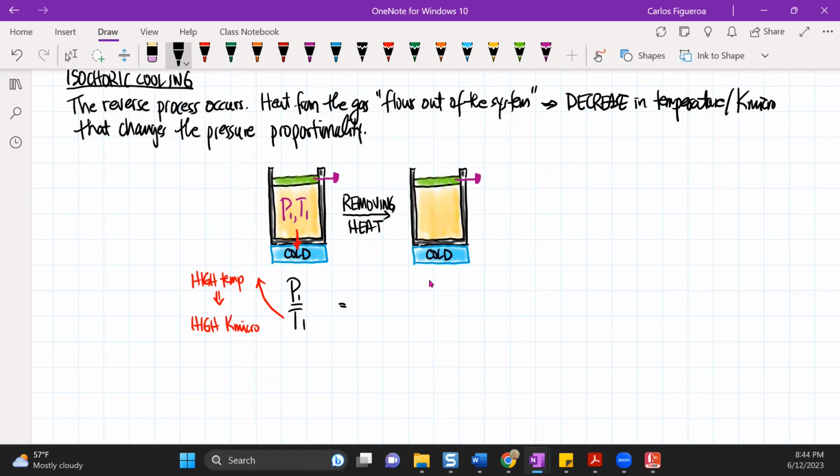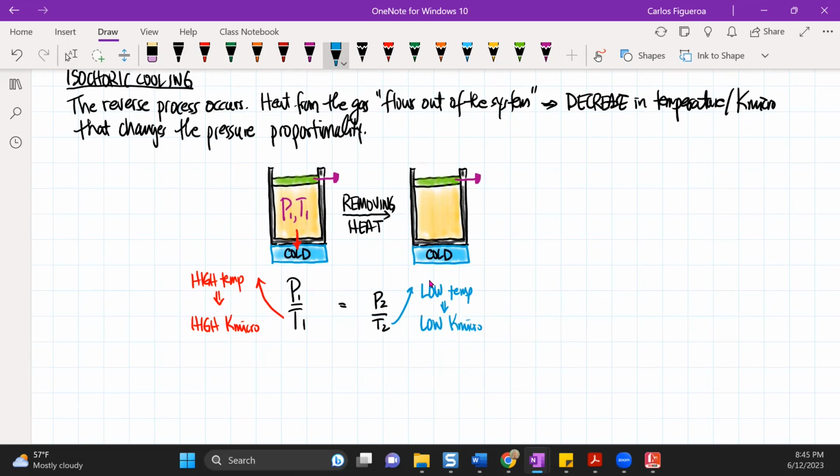So what we expect here is that the pressure has to do what? It has to decrease. Why did it decrease? Because the temperature decreased. That means the gas now has a low temperature, and as a consequence, it has a low K micro.